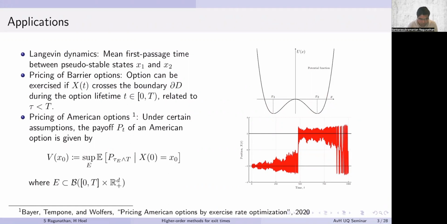So what barrier options basically means is you execute the option, or you basically sell or buy an option when the process actually crosses a certain threshold or a boundary. So that's of interest to a lot of people who are working in finance. And the third application would be related to pricing of American options, where we consider a more complex payoff function given by PT. And we are interested in calculating the value of the option related to it. So these are some of the applications that one might be interested in when in relation to computing the exit times of a process.